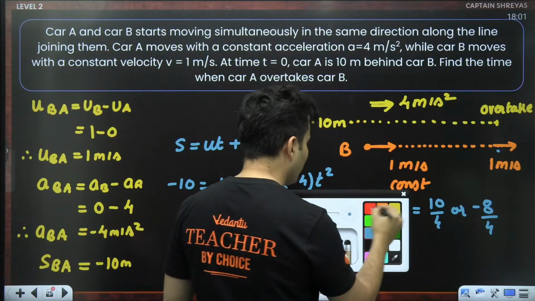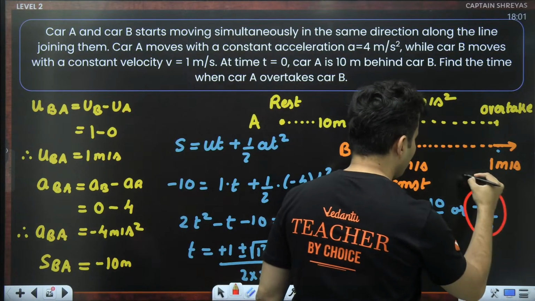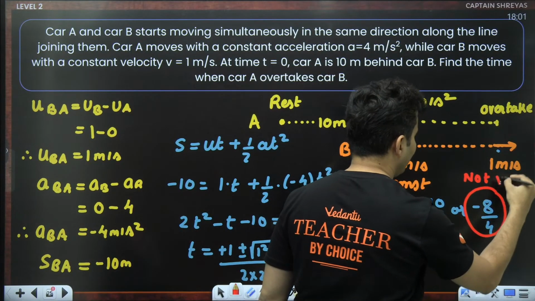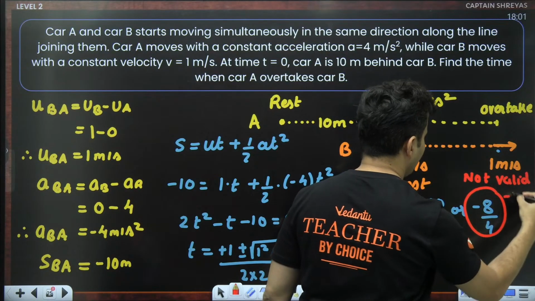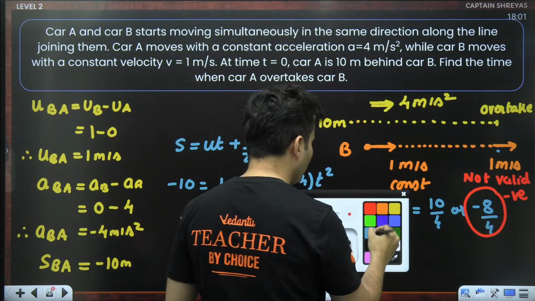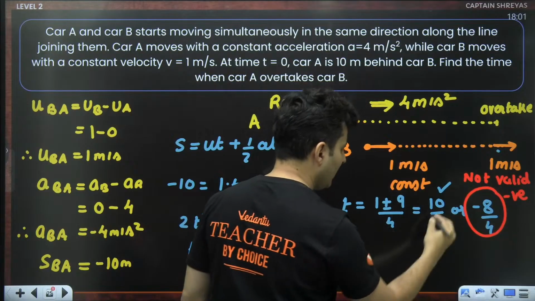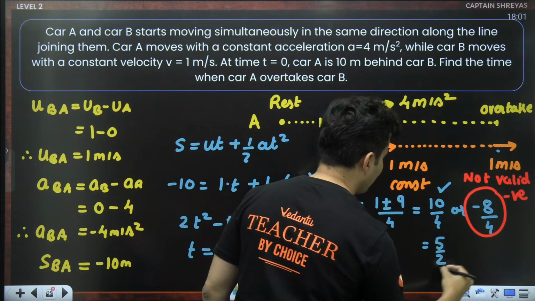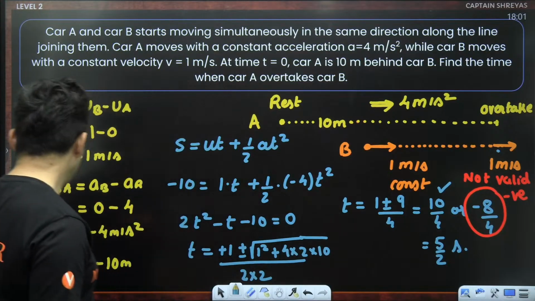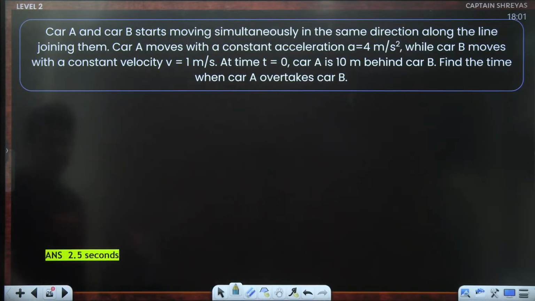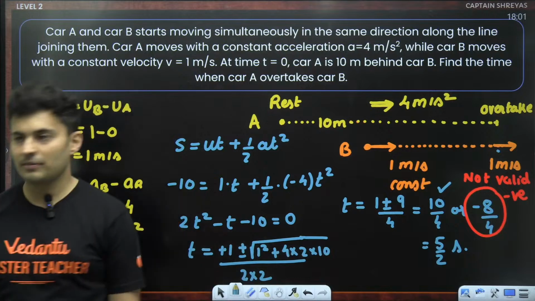But we all know time can't be negative, so that is not valid. The only suitable answer that I can choose is 10 by 4, which is basically 5 by 2 seconds, which is 2.5 seconds. Yes, perfect. Awesome.